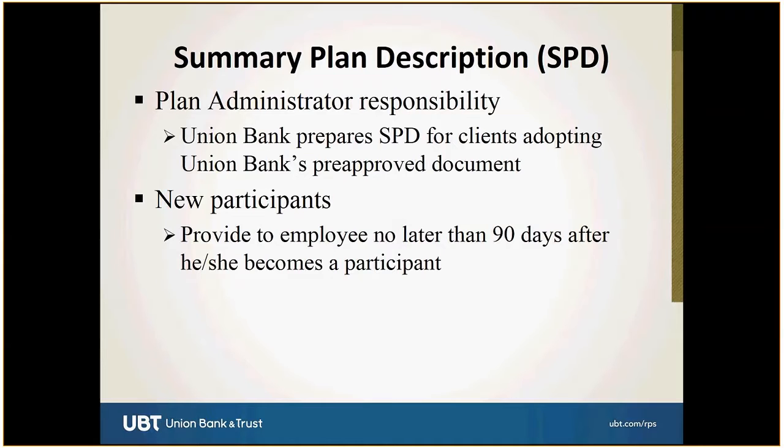However, as we're going to see in a couple of minutes, there's more than one disclosure that needs to be provided before an employee becomes a participant in the plan, and so you really do need to put these enrollment packets or kits into new participants' hands before they are eligible to participate in the plan.